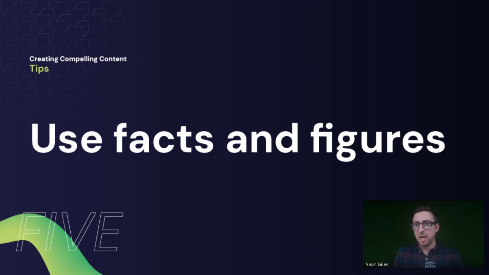Again, it just backs up, because if you just say, come to this, maybe I should think about this more with the webinars actually, but it's like, come to this webinar or download this white paper and it will help you grow your business. It's like, well, I don't really know what that means. And if it's more like, come to this webinar or download this white paper and we can increase your leads by 75% and do this by X%, then again, it just adds that, people want to get involved with that and understand what they're going to gain out of it.